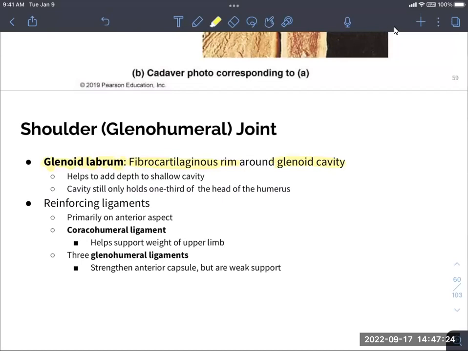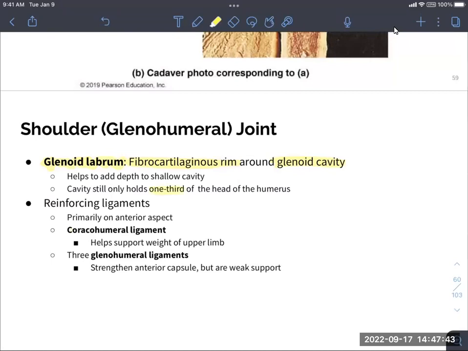So that glenoid labrum actually helps to make the cavity where that humerus fits in a little deeper, to help hold it in place better. But it only holds about 1/3 of the head of the humerus.